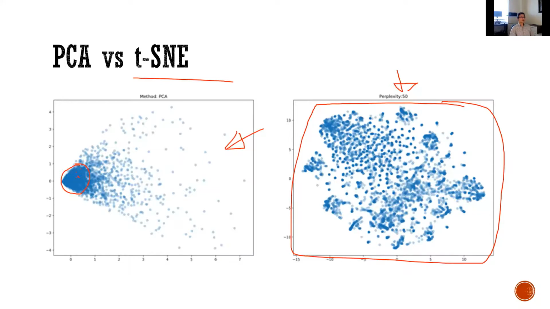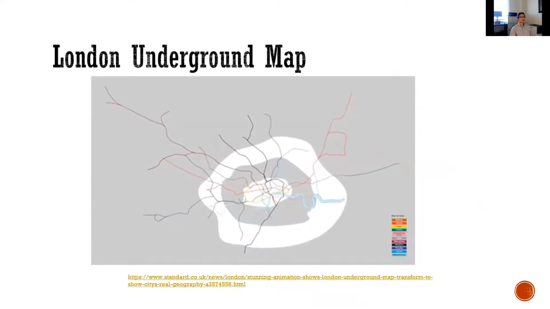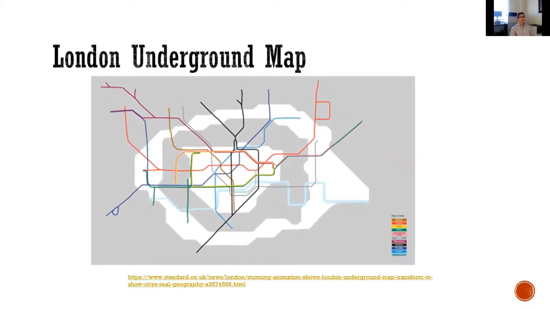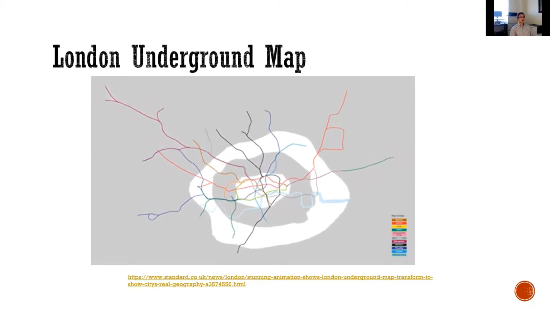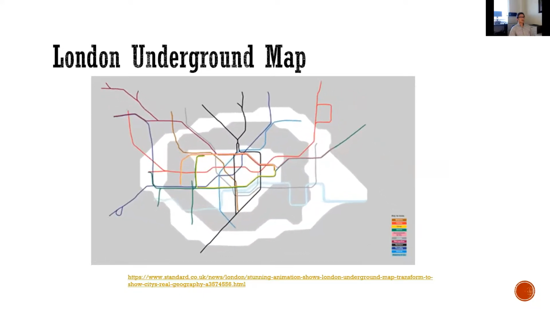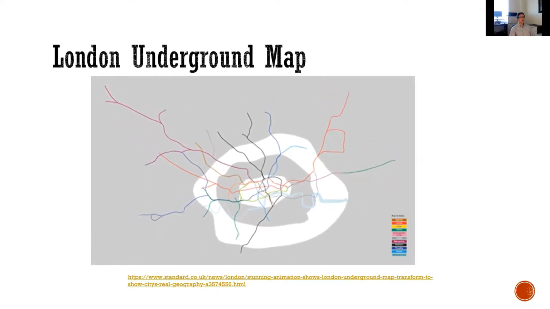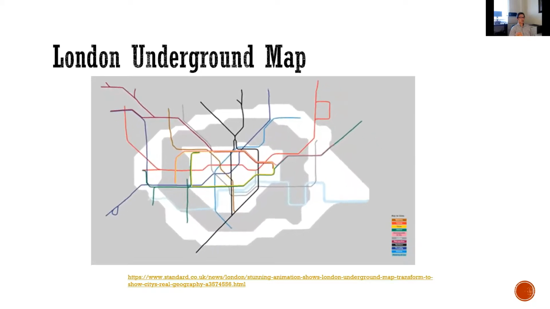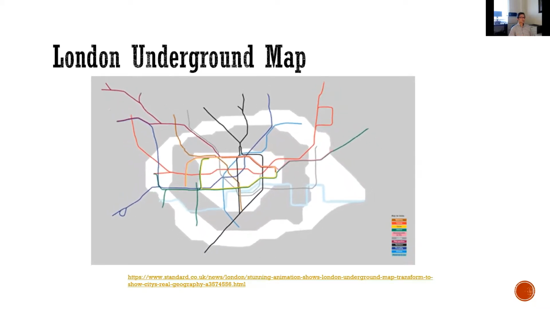And the reason for this, I will illustrate using this London underground map. This is a map you will see in the underground station, but now at this moment it's not the real distance between the different stations.